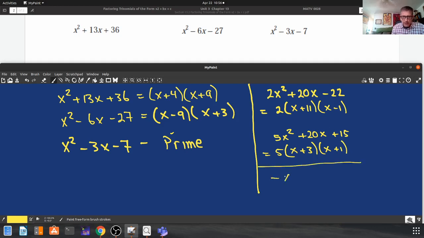And then the final one you have, I'll show you all of these in just a second, is minus x squared minus 3x minus 10. It really has nothing but a trivial factorization, so you can either say it's prime, or if you want to factor out a minus 1, you can say it's minus, x squared plus 3x plus 10.